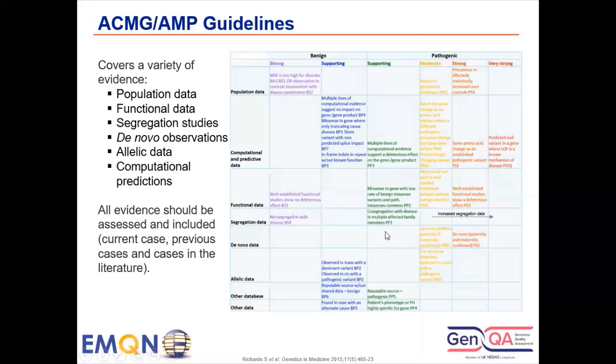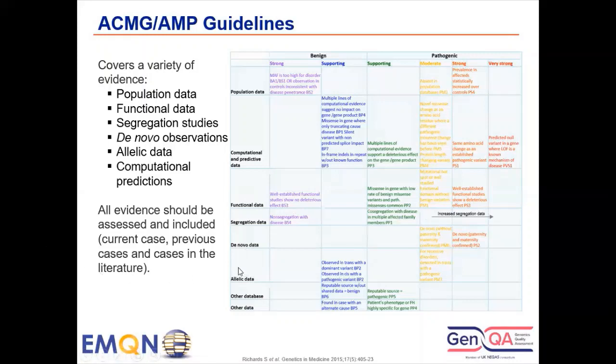And it's not always easy to know which literature you can rely on. Segregation data is not so easy to apply in the context of BRCA1 and 2 because these diseases are not fully penetrant. Also, de novo is more difficult to apply in the context of BRCA1 and 2 testing.